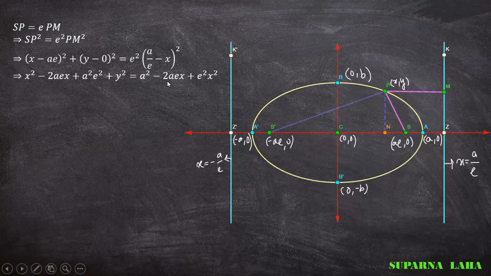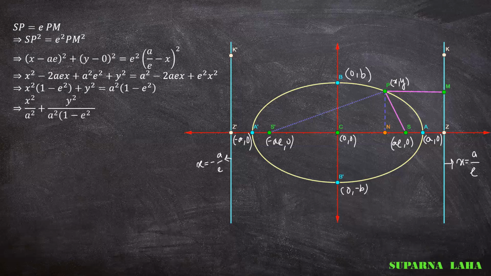So the minus 2aex term will cancel out. And the remaining terms are x square into (1 minus e square) plus y square equals a square into (1 minus e square). Now divide the whole equation by a square into (1 minus e square). So the equation will look like this.